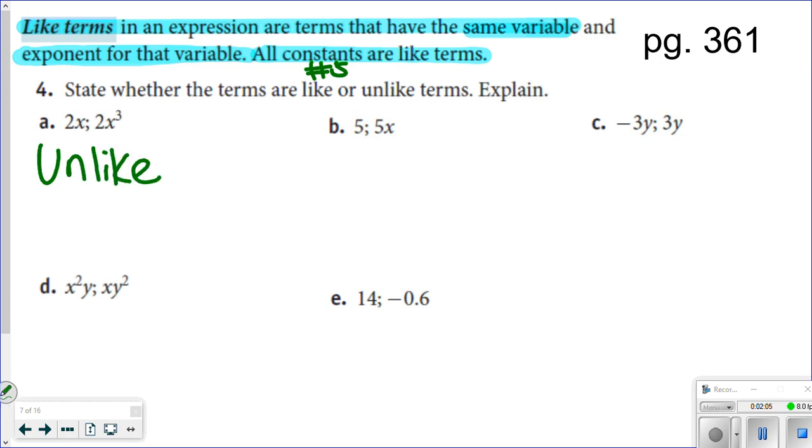We cannot combine them or put them together because they have different exponents. Okay, so I want you to go through B, C, D, and E and say unlike or like. So pause the video and take the time to answer these questions.